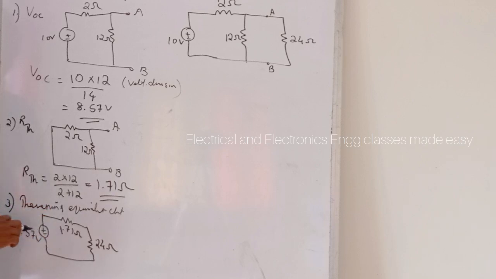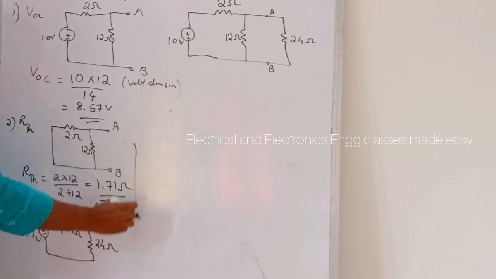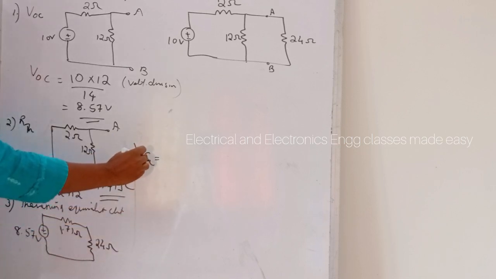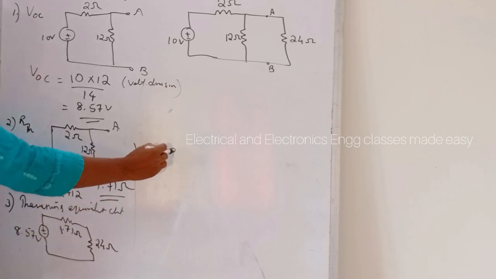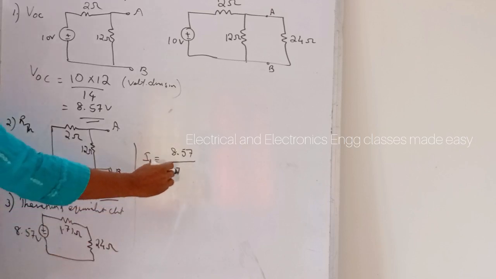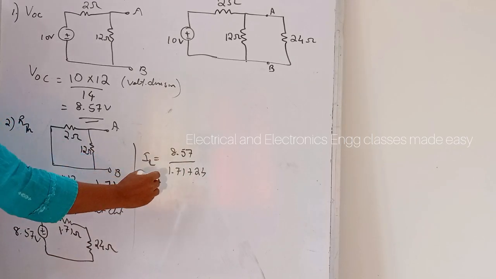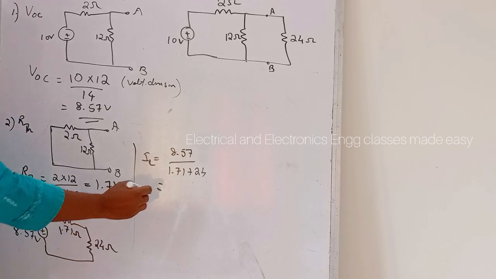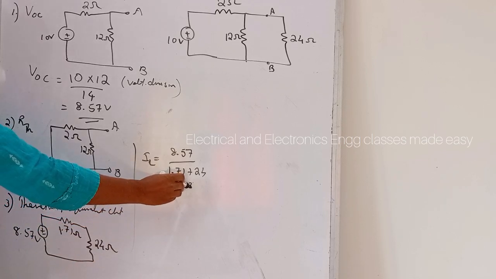Now we can find the value of current through this circuit. Also, if we want, we can find the value of voltage across this load resistor. The current through this circuit, IL, is equal to 8.57 divided by total resistance 1.71 plus 24, and that is equal to 0.33 amperes.